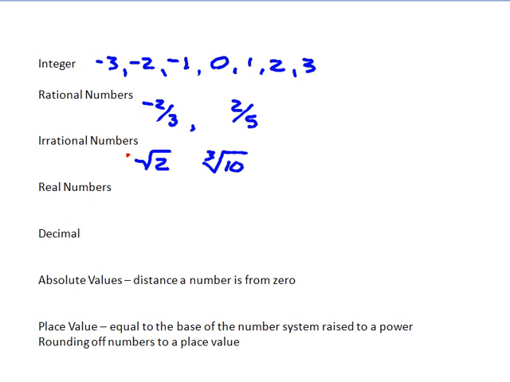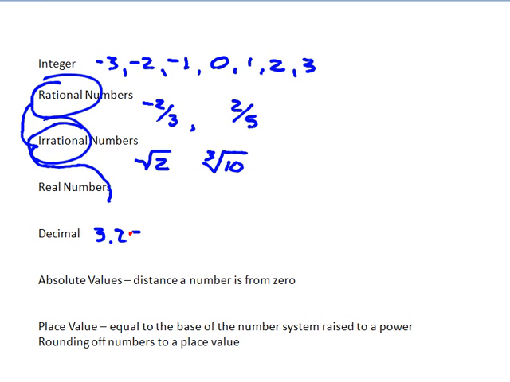A real number is both the rational numbers and the irrational numbers. Those are real numbers. And a decimal number we should be pretty familiar with working with. We'll put one down here, 3.250. It includes a decimal point. And we know that this is fractions of a hundred or thousands.